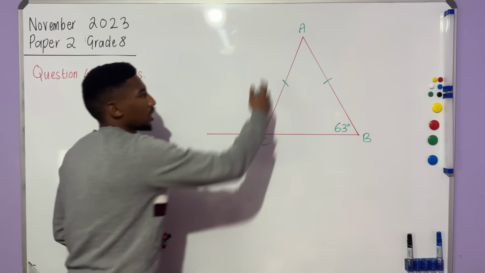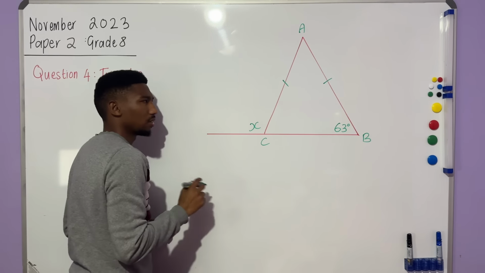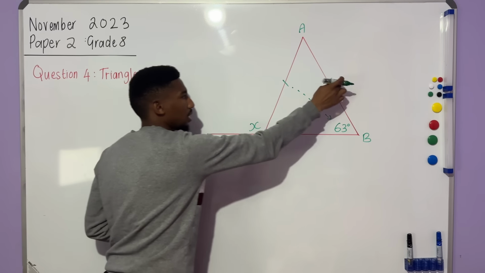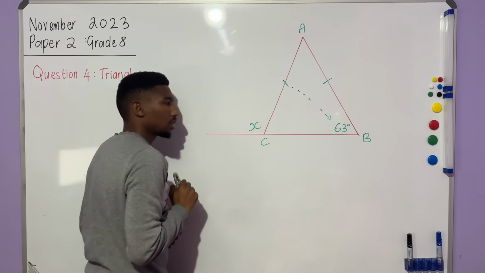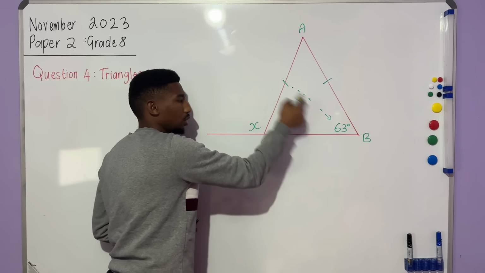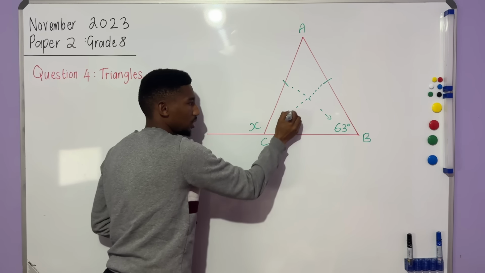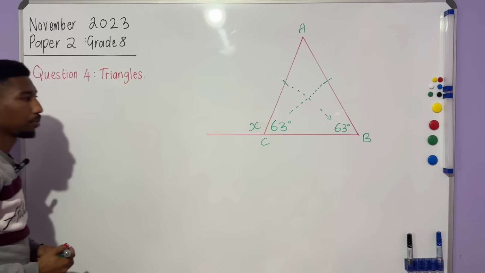So if you look at this triangle, you are given information that this is an isosceles triangle and that this side and this side are equal. That would then tell you that the angles opposite those sides are also equal. So if that angle is 63 opposite this side, the angle would also be 63.